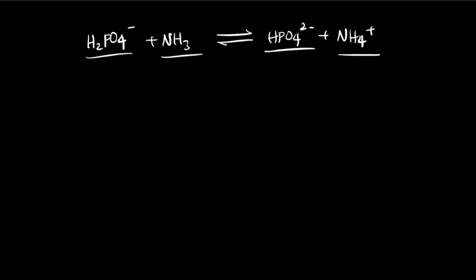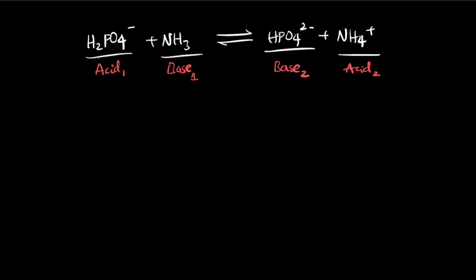First, let's determine the acid-base pairs. So notice that H2PO4 minus and HPO4 2 minus, there is a proton loss, which means that this acts as an acid. So this is acid 1. This becomes the base 2, which is the conjugate base. So here, this is the base 1, and this is the acid 2.